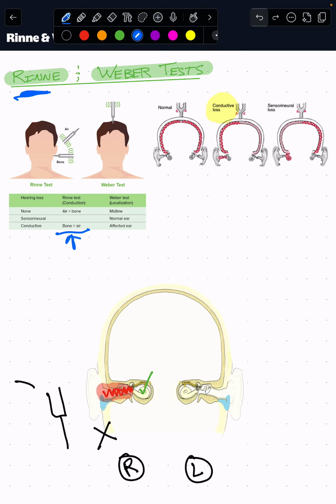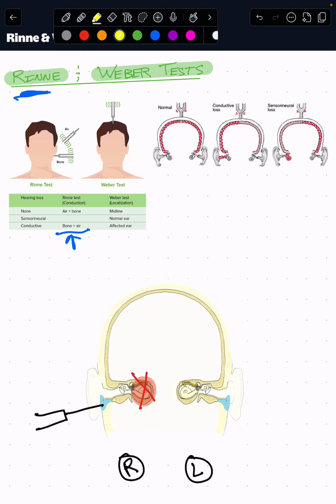So now, let me get rid of all this, sorry. Okay. We have the same tuning fork in the same position, but this time, this is the part of the ear that no longer works. So this is sensorineural loss, okay, of the right side. Okay, so our patient in this aspect is still going to hear this.